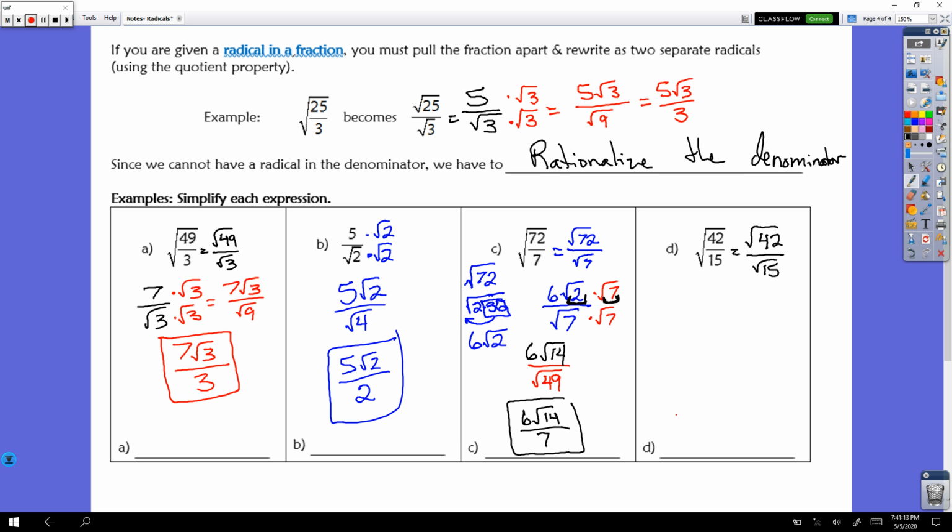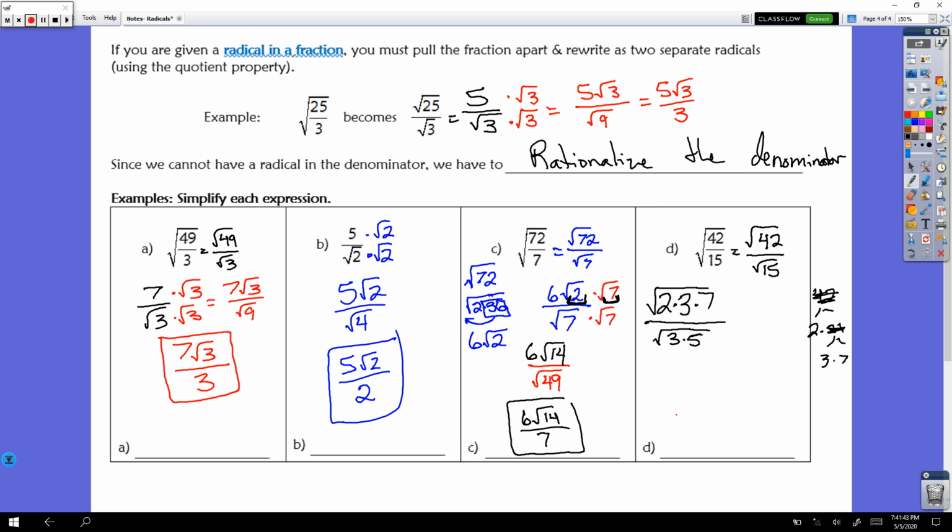So 42 would be 2 times 21. 21 would become 3 times 7. So instead of the square root of 42, I have the square root of 2 times 3 times 7. 15 breaks apart into the square root of 3 times 5.